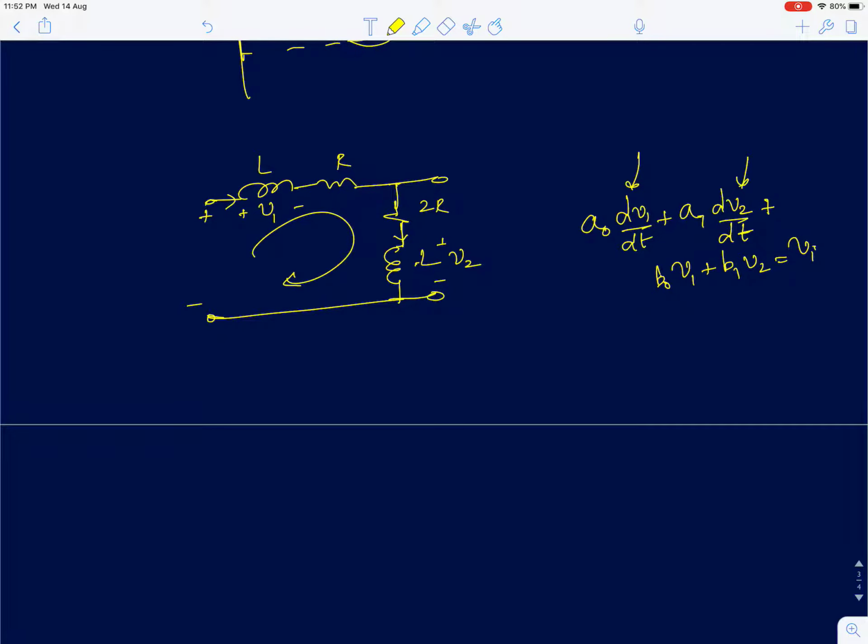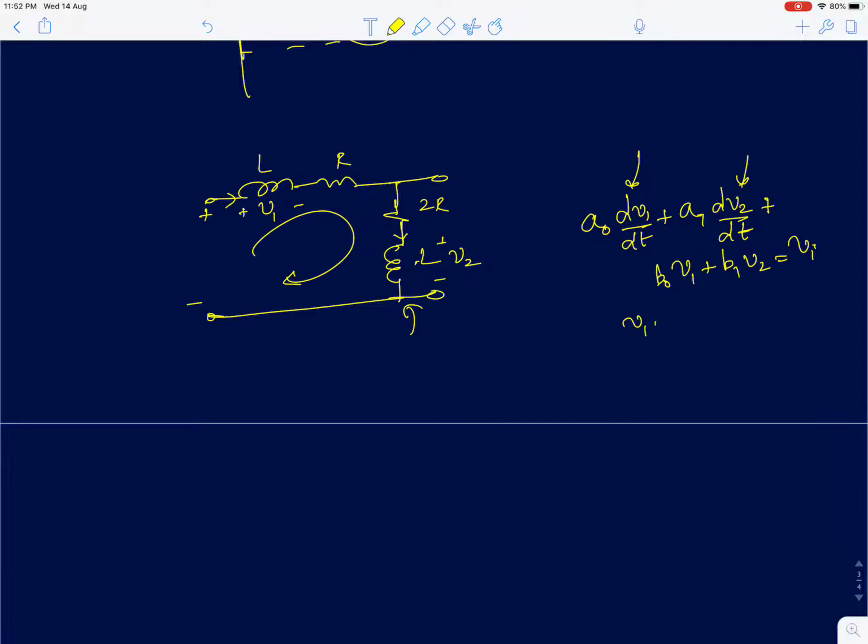So because of that, I can say L di by dt must be equal to L di by dt, so V1 equals V2. Or let's say I have another equation which relates V1 and V2 linearly: V1 plus V2 equals some constant k. Then I can substitute either for V1 or V2 in the first equation and reduce it to a simple first order differential equation either in V1 or in V2.